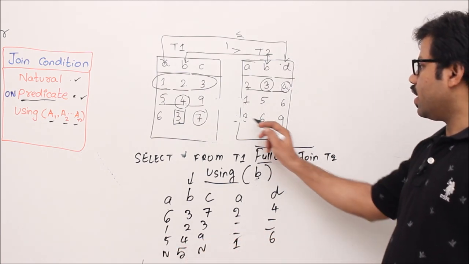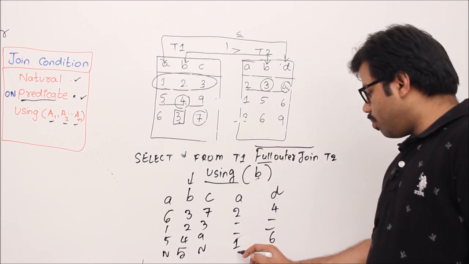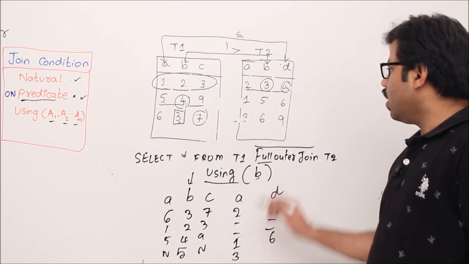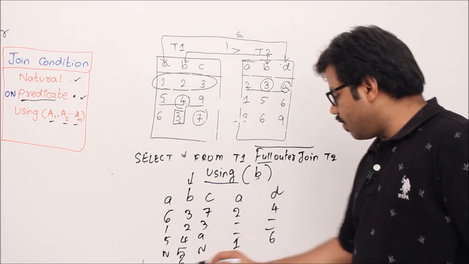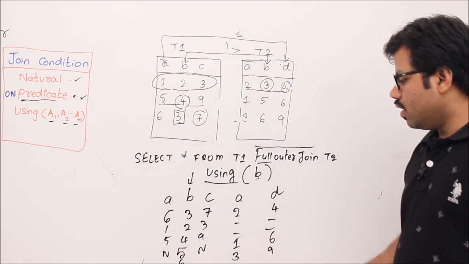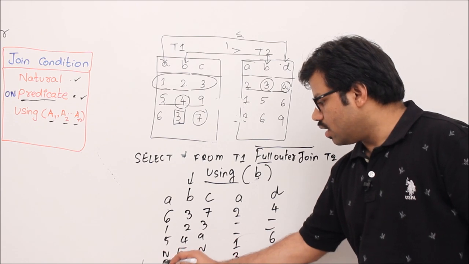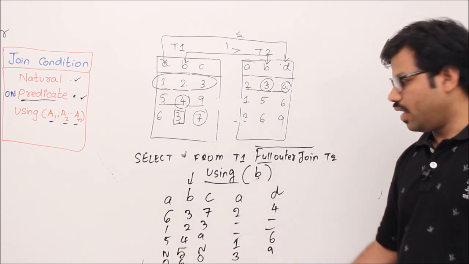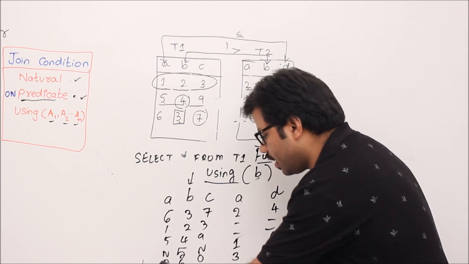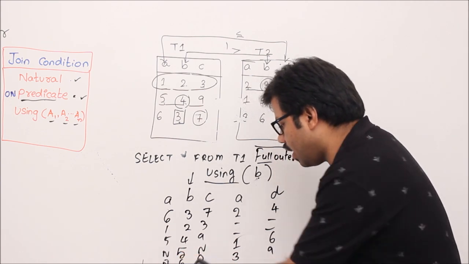Then one more thing: 3, 6, 9 also did not participate, right? A value 3, B value 6 and C value 9. Along with that, what about the A comma C values? Null comma null added here. Okay, so this is the result. So finally here it will be null and null.